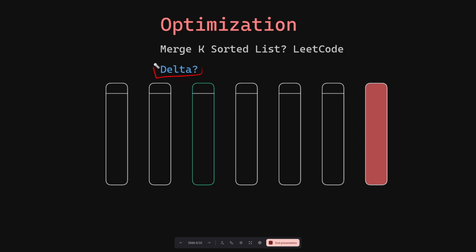But my intuition said that the same algorithm should work with a different delta for each of the containers as well.